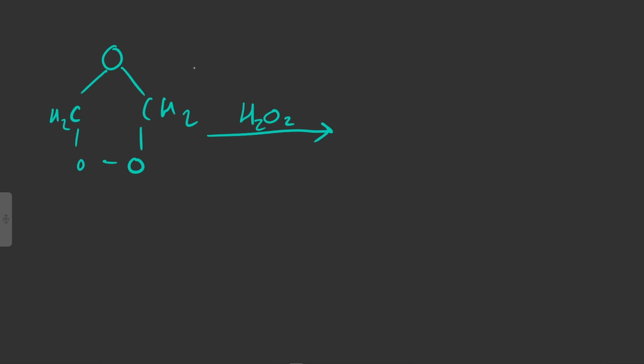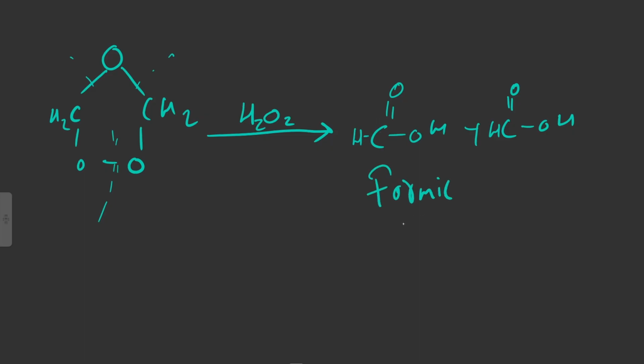What will happen is it will get cleaved like this, and something like this will be made. This will be OH, double bond O, and a similar thing with this, a carbon over here, a double bond O, an H over here, and an OH over here. So we have formic acid.